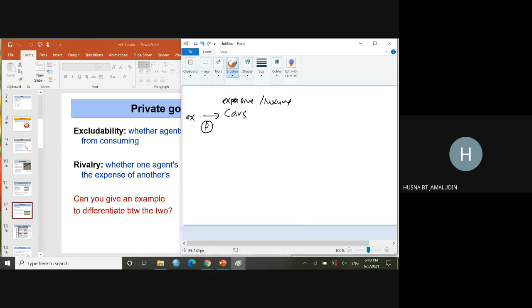Okay, so the example says expensive car, so it excludes people who don't have the purchasing power to purchase it. While rivalry means that your consumption is at the expense of others. Just to give one example, we will take the same expensive car.